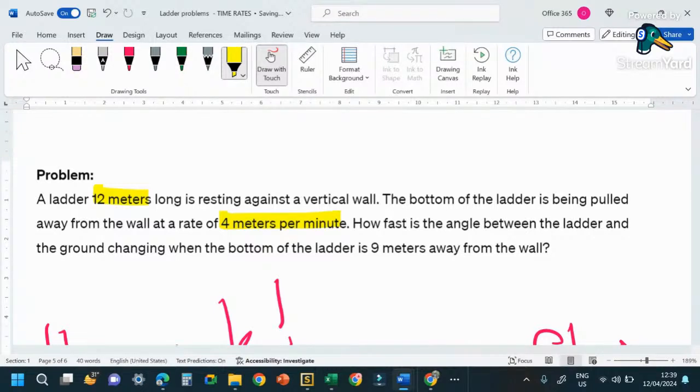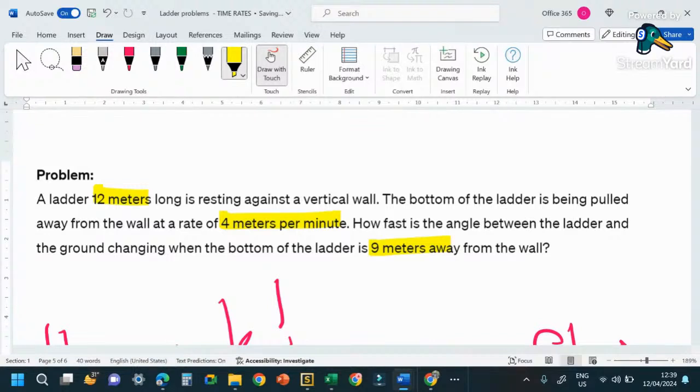Now the bottom of the ladder is 9 meters away. So it means the vertical or y is unknown. So get the y first, and then you have to get how fast is the angle between the ladder and the ground changing when the bottom of the ladder is 9 meters away.